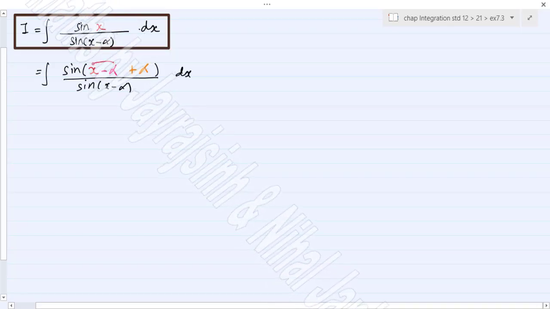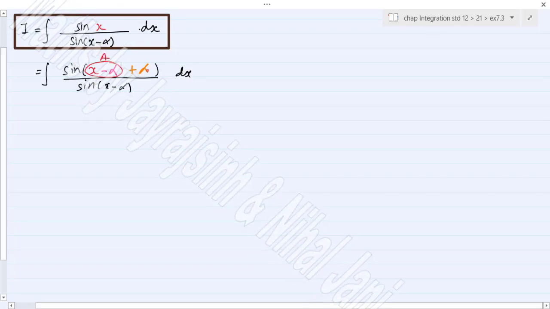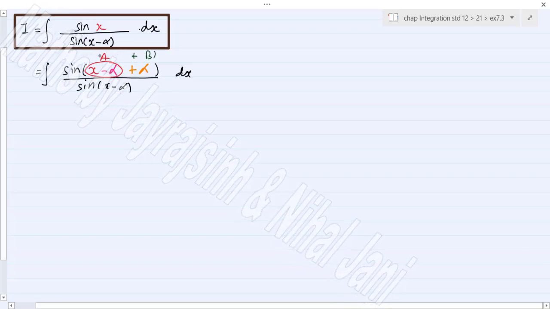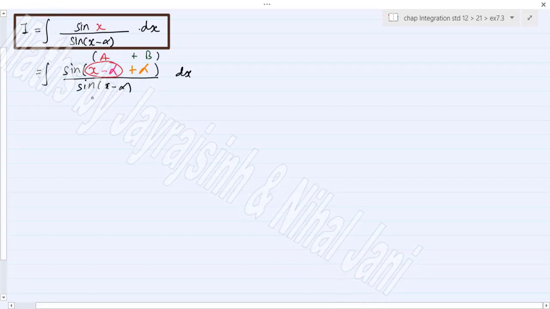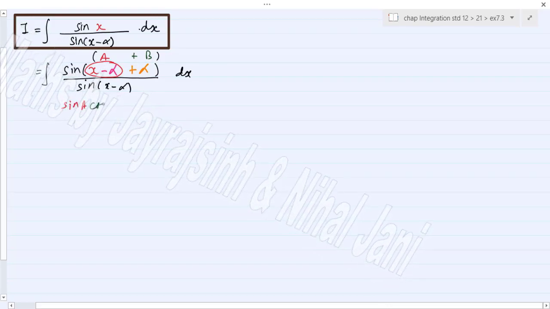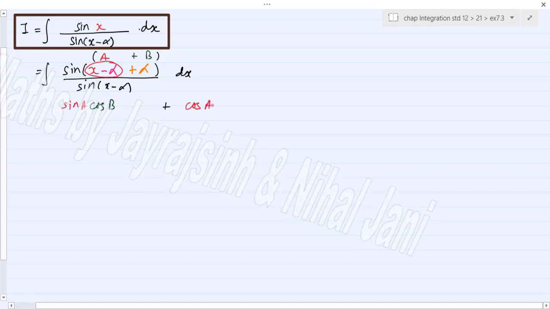Now this x minus alpha can be considered as a, and this alpha will be considered as b. So here we get sin a plus b, which can be simplified as sin a cos b plus cos a sin b.